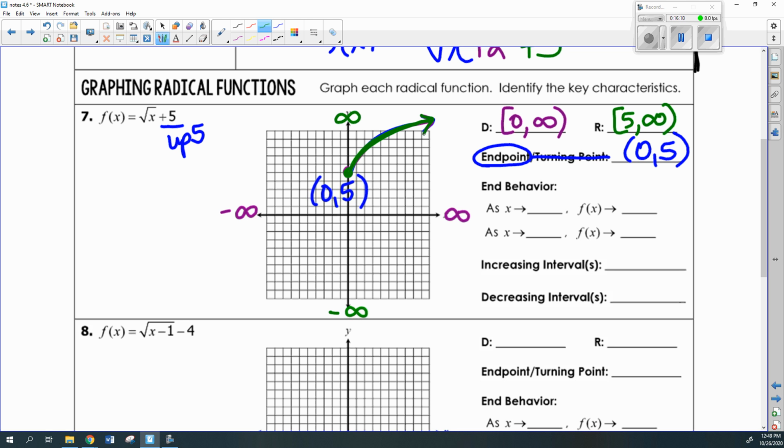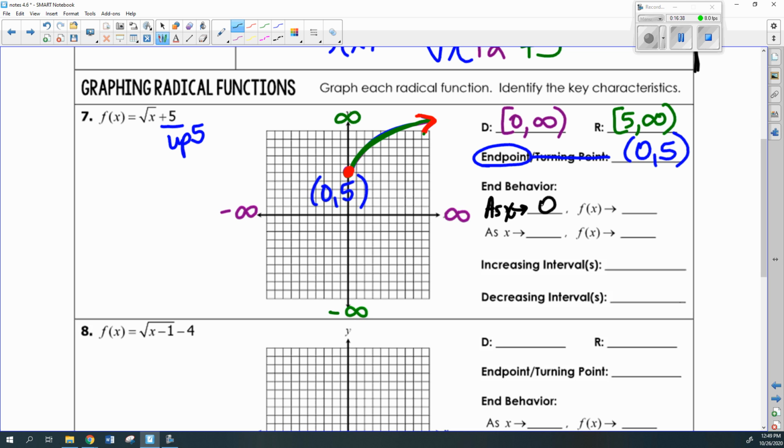Now we need to do end behavior. Well, when I look at this graph, I see a point on one end and an arrow on the other end. If there's a point, that means one of your end behaviors needs to use the point. So on your paper, I hope you're copying the whole sentence: as x, the arrow stands for the word approaches.